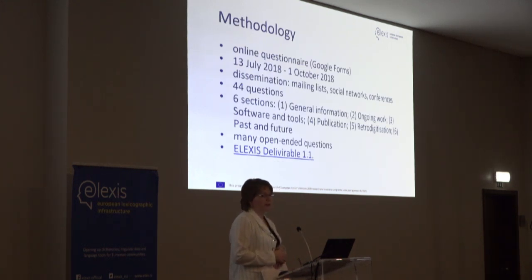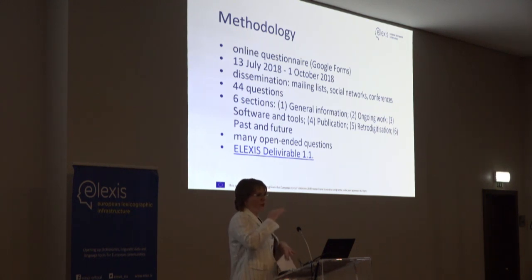Methodology was quite easy, so we used an online questionnaire, Google Forms. The most problematic thing with Google Forms is just that it doesn't allow nesting of questions. It was one thing to point out about Google Forms. It was from July to October last year. We used different kinds of mailing lists, social networks, conferences.